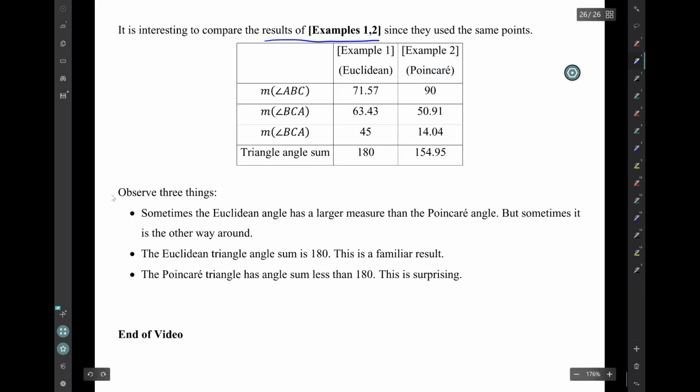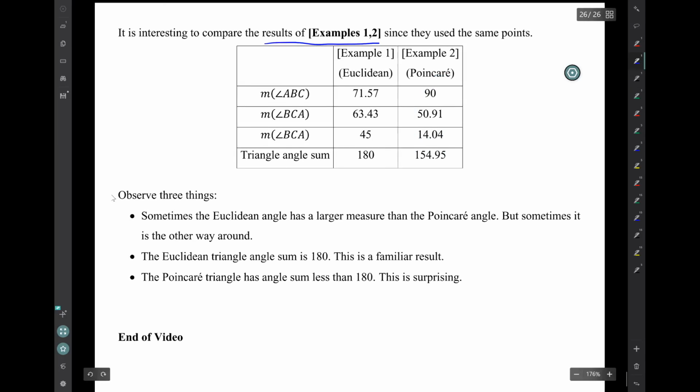So notice a couple of things. Sometimes the Euclidean angle has a larger measure than the Poincaré angle. In those two cases, the Euclidean angle had a larger measure. But sometimes the Poincaré angle has the larger measure, such as in that case. Angle ABC was larger in the Poincaré plane than in the Euclidean plane.